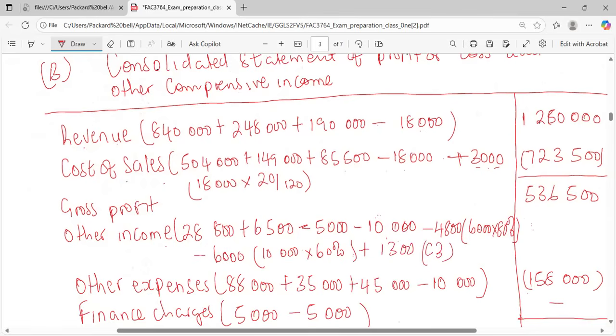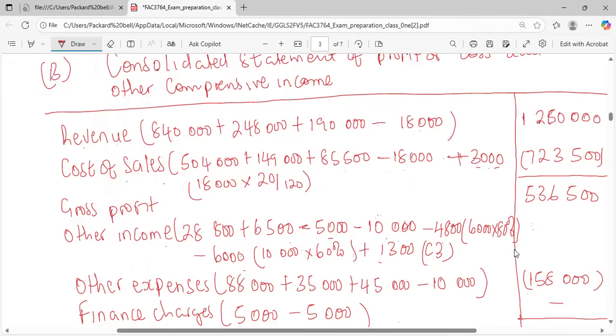So let's have the figure here for other incomes. Right, so how much are we going to have? We're going to add 28,800 is other income, 28,800 plus 6,500 minus 5,000 minus 10,000 minus 4,800 minus 6,000 plus 1,300.